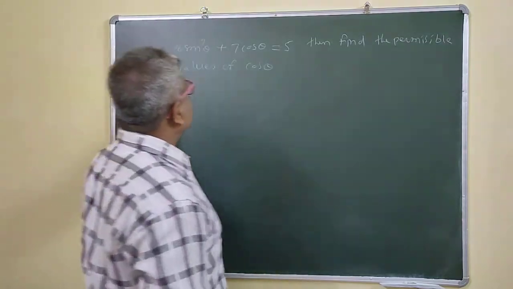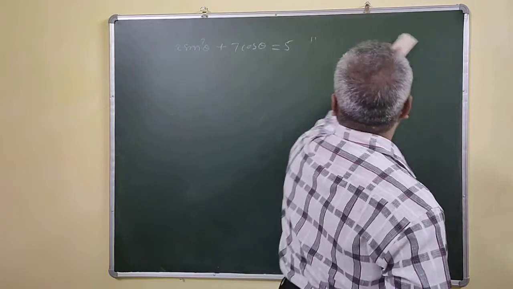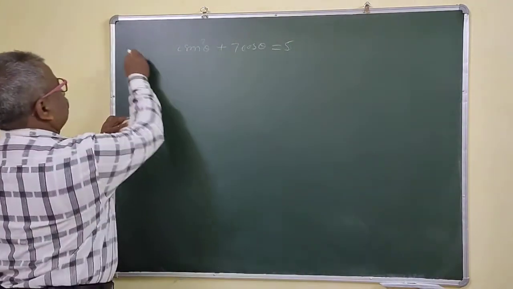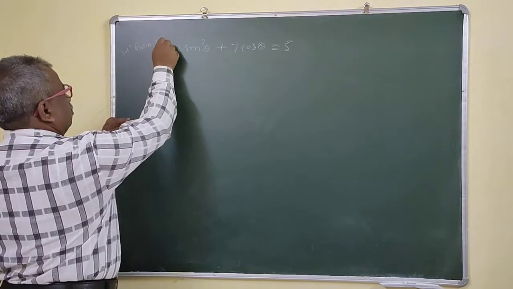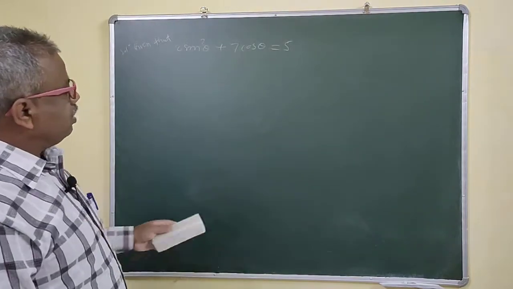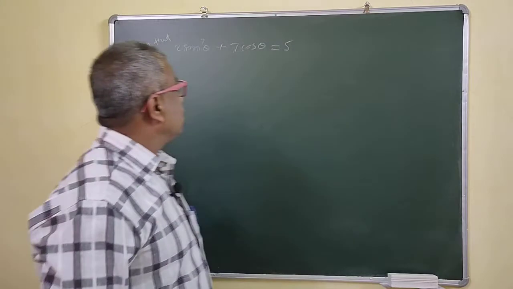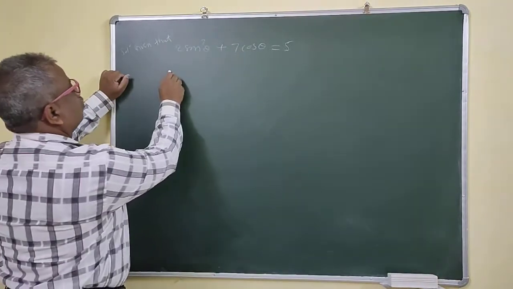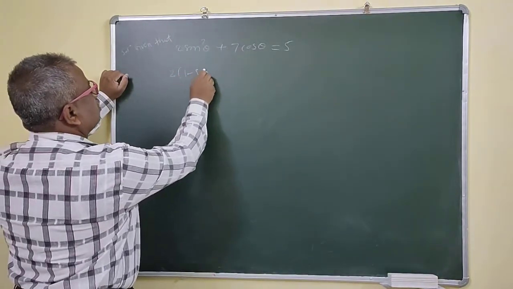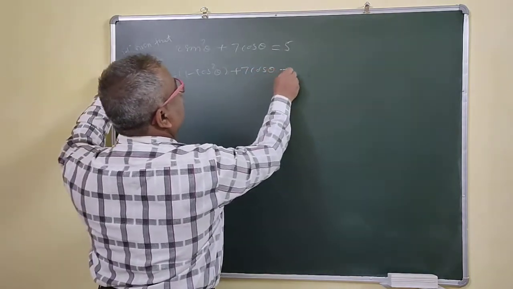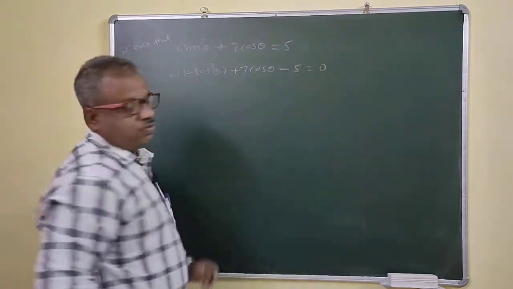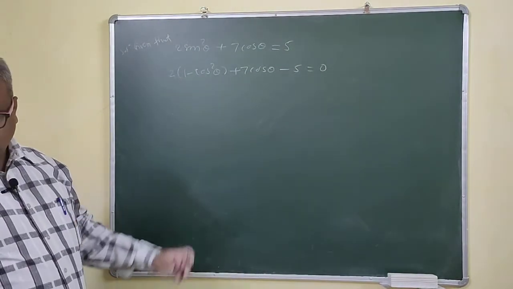So solution, given that 2 sin square theta plus 7 cos theta is equal to 5. So we'll write 2 times (1 minus cos square theta) plus 7 cos theta minus 5. We want to solve this equation, so write in equal to 0 form.